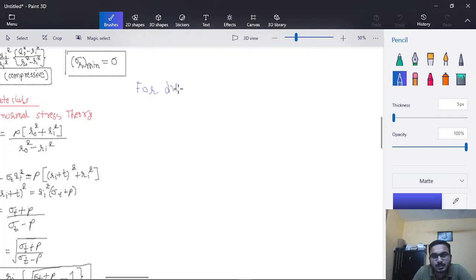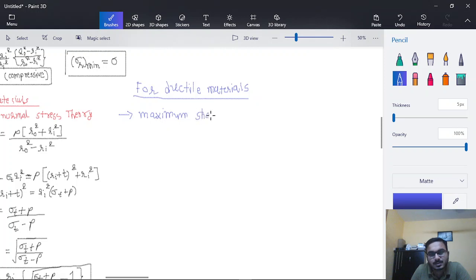For ductile materials, what we will use here is the maximum shear stress theory.